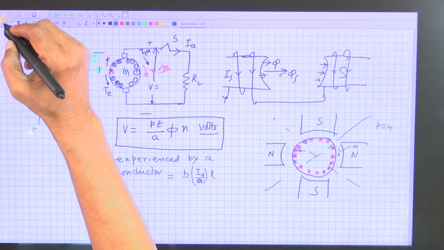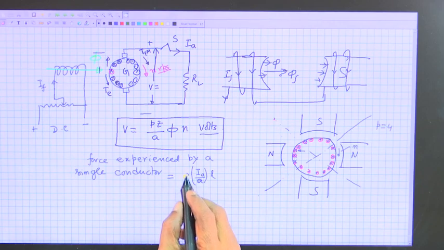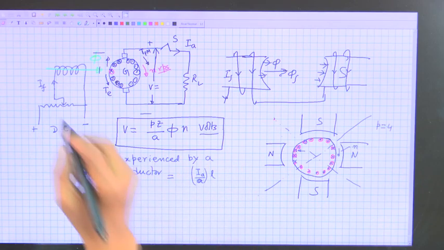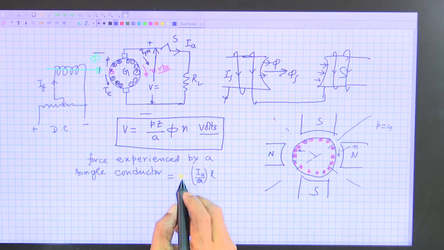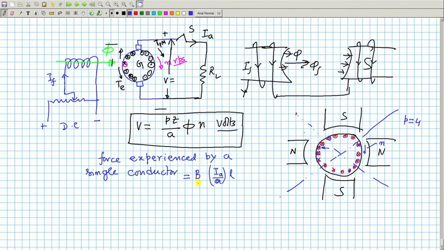Therefore, it is prudent not to deal with that B, but to take the average B it experiences: B average into I_a by A into L. Mind you, this is a slightly disturbed I_a. This will be the force. So, the average force experienced by a single conductor is this.